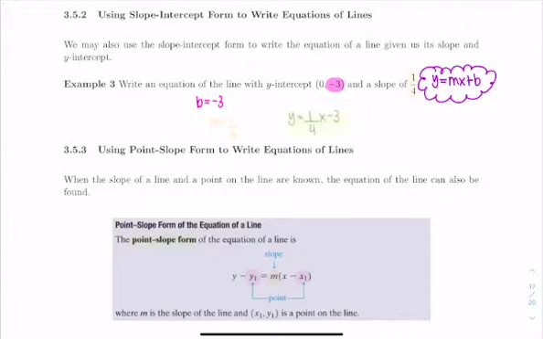My slope is 1/4, this is my m. And so plugging it into our slope-intercept form, we have y equals 1/4 x minus 3.